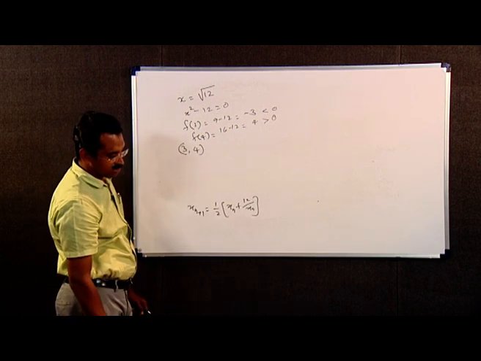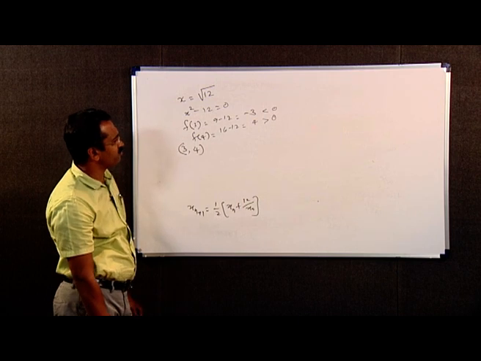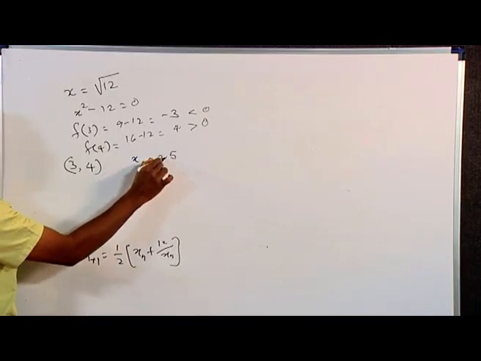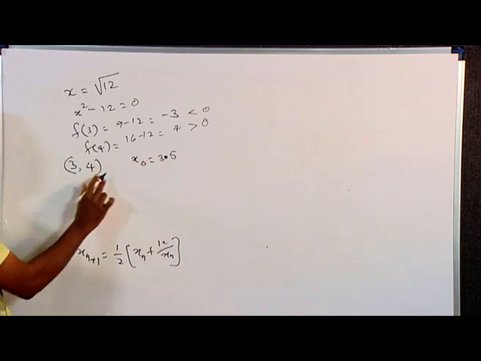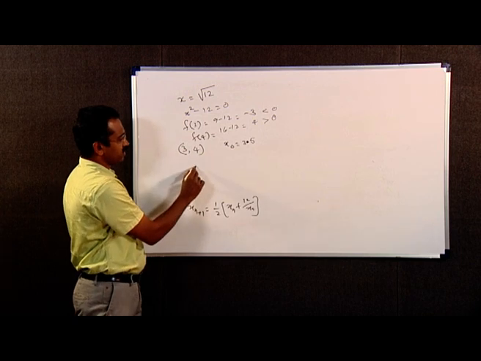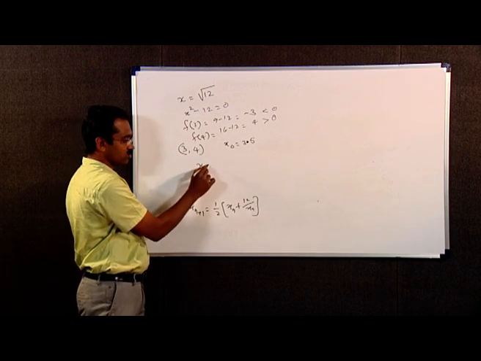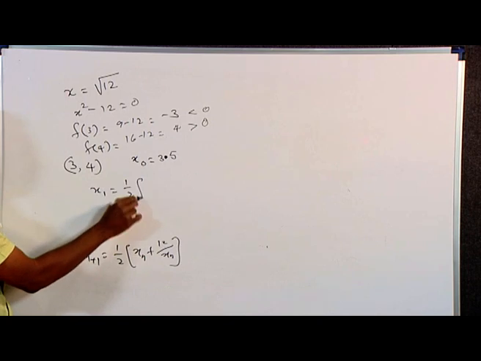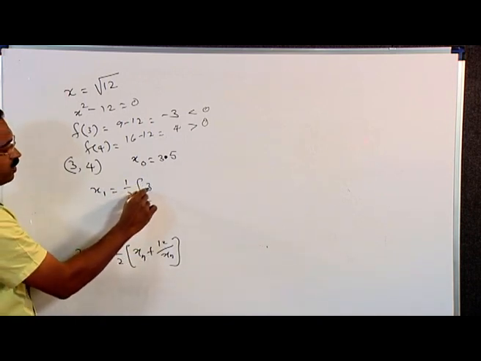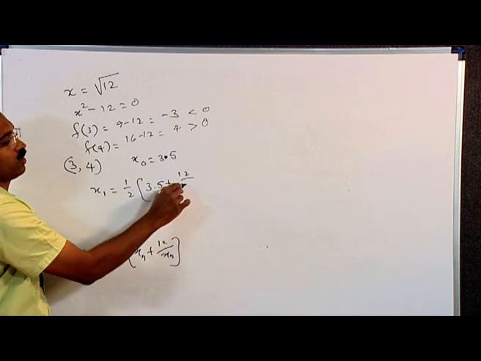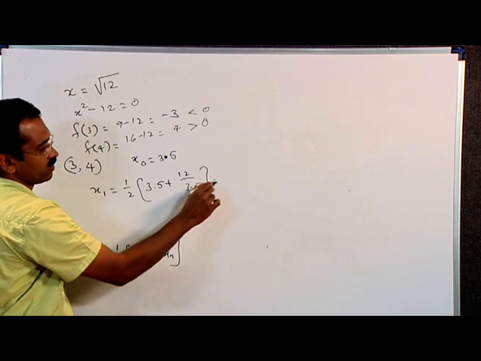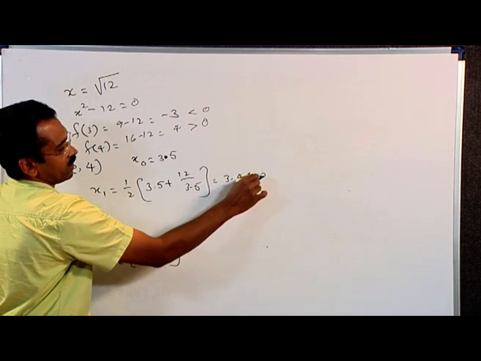We take x naught equal to 3.5, arbitrarily. 3.5 is a number in between 3 and 4. Therefore, we will get x1 is equal to 1 by 2 into x naught plus 12 by x naught, that is 3.5 plus 12 by 3.5, which is equal to 3.4643.